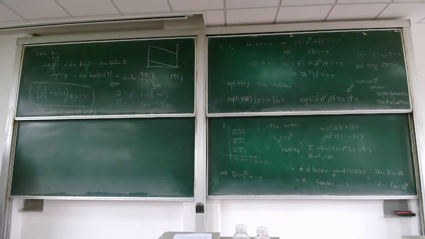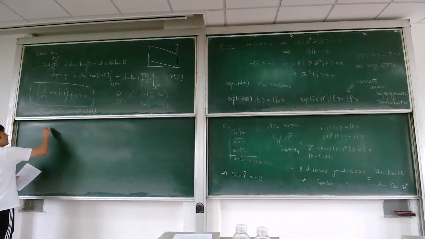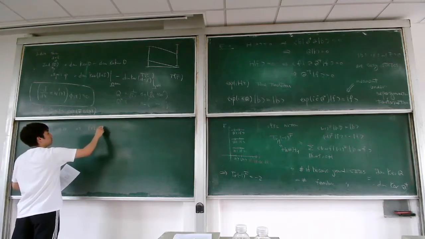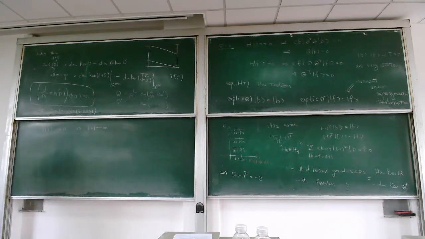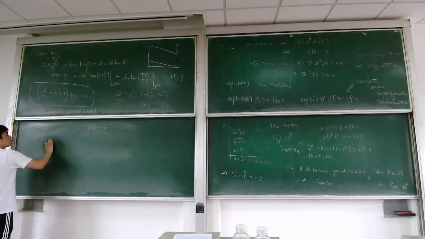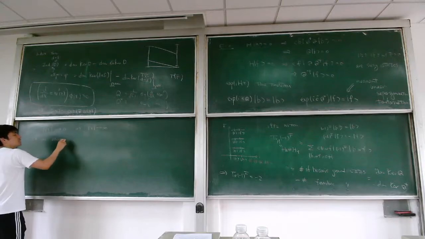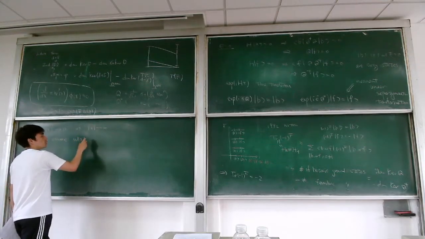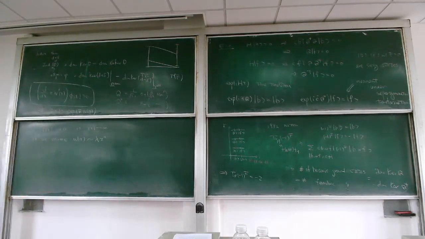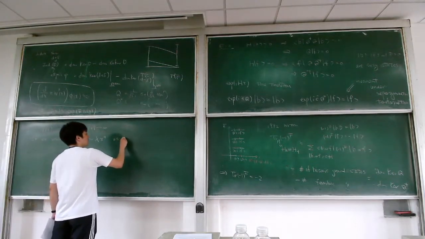And we also impose that phi of x goes to 0 as x goes to infinity. Now assume this W has polynomial growth, so as x goes to infinity it behaves like lambda x to the n. Let's consider this situation.